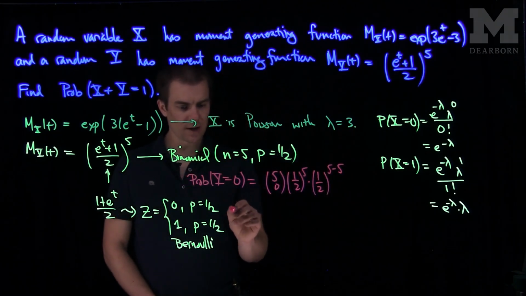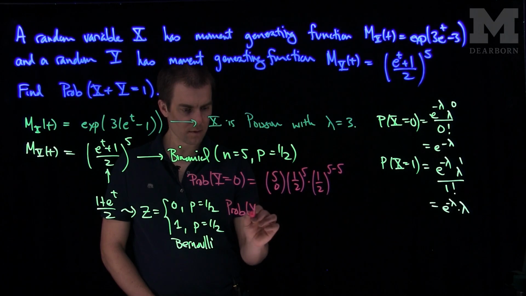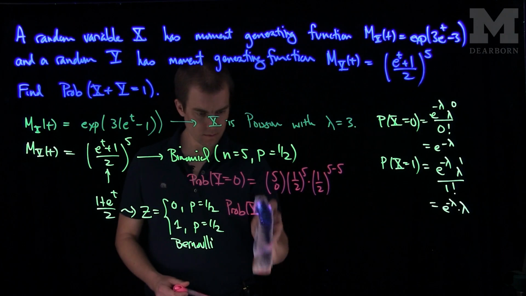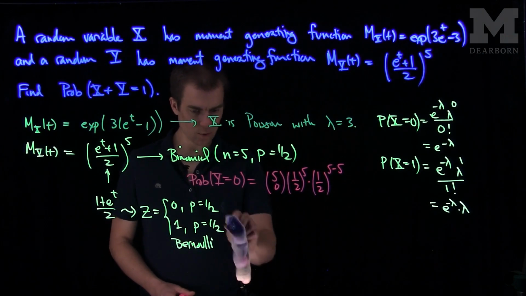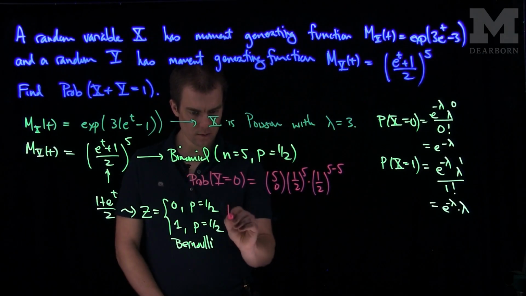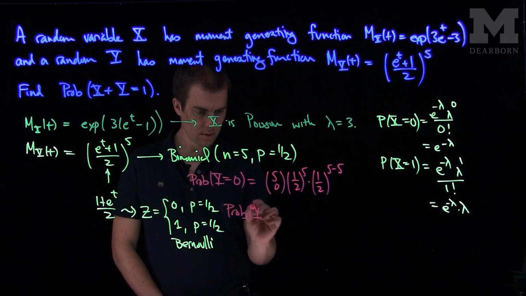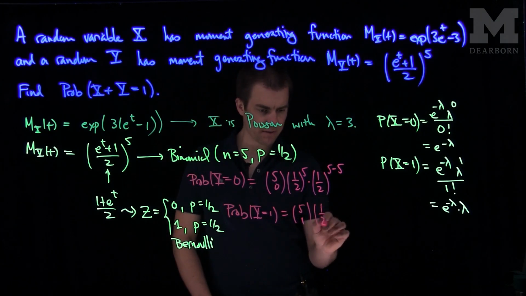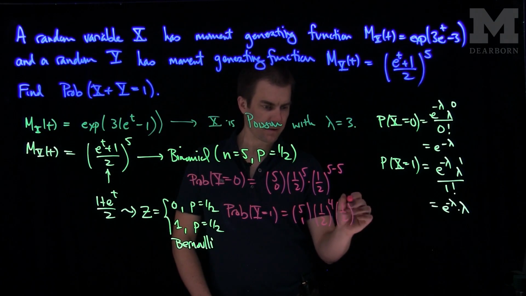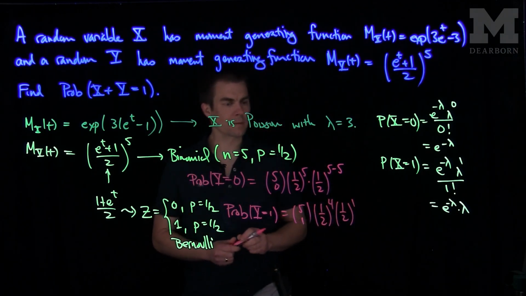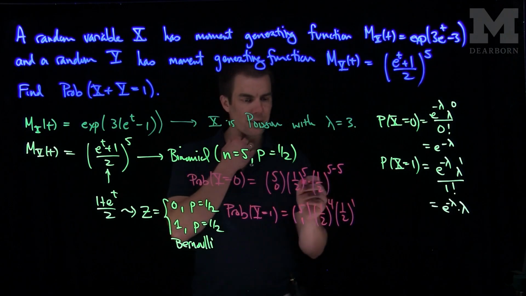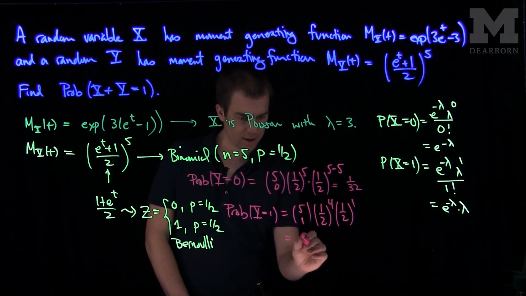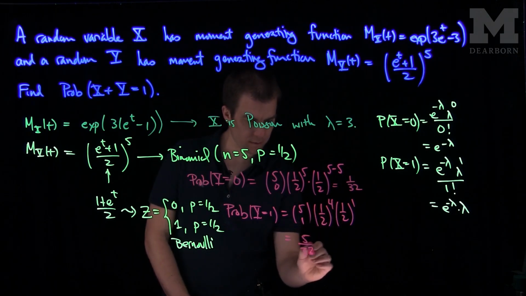And the probability that Y is equal to 1 we can compute as well: it is 5 choose 1, times 1/2 to the fourth, times 1/2 to the 1 power. And so this first number is just 1 over 32. The second number is 5 over 32.